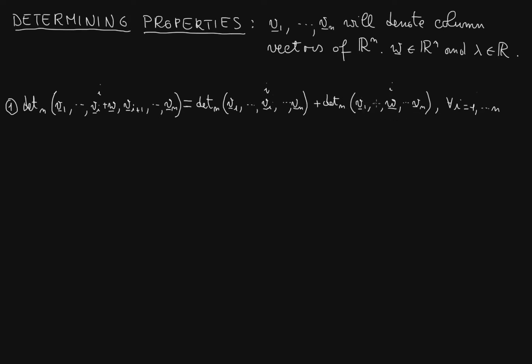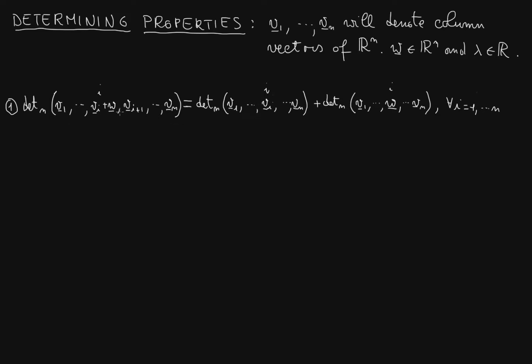Again, the ones outside the ith position remain the same, so V1, V2, and so on. The ith column vector in this case is going to be W, corresponding to the second summand of the ith column vector of the first determinant.